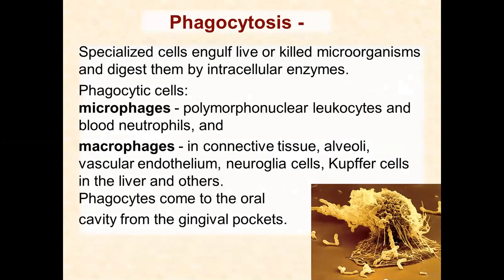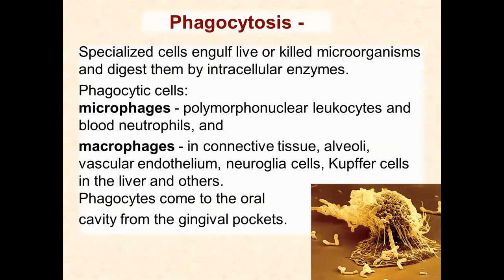But the most important cellular mechanism of non-specific resistance is phagocytosis. In phagocytosis, specialized cells engulf live or killed microorganisms and digest them by intracellular enzymes. The most important phagocytic cells are the macrophages, the polymorphonuclear leukocytes and blood neutrophils, and macrophages, which are present in connective tissues and alveoli, in the vascular epithelium, in neural glia, in Kupffer cells in the liver, and others.